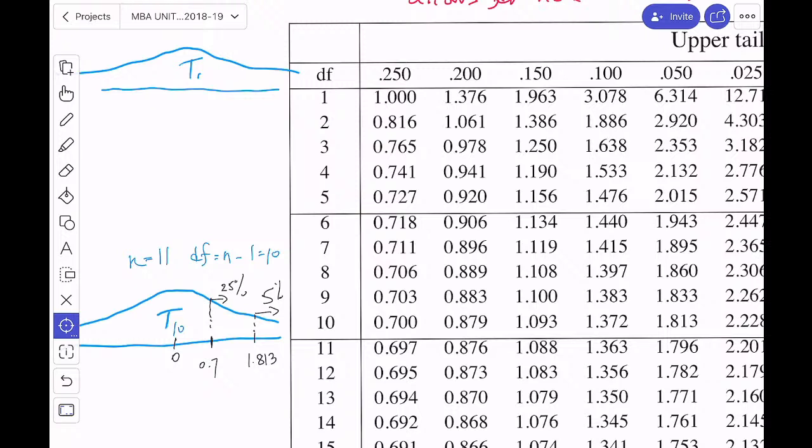Okay? So at 1.813, you have 5% of the observations above it.